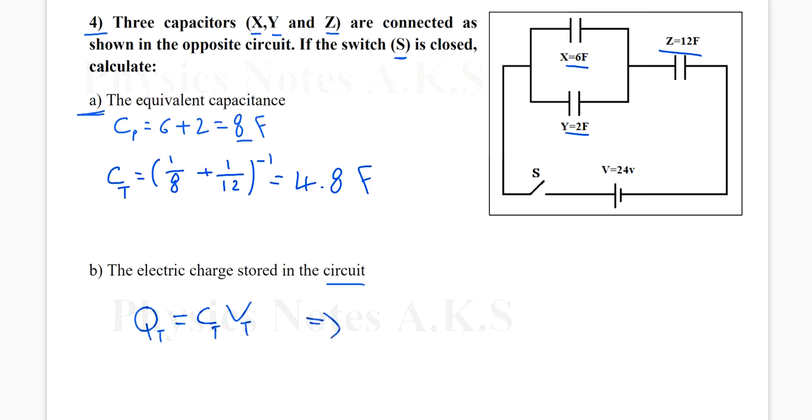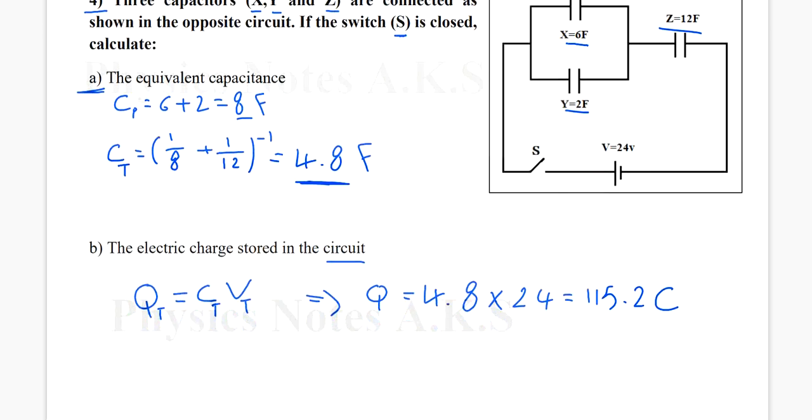So Q equals C, we found it before, 4.8, multiplied by V, it's 24, which will give me 115.2 coulomb. This is the total charge, or the charge stored in the circuit.